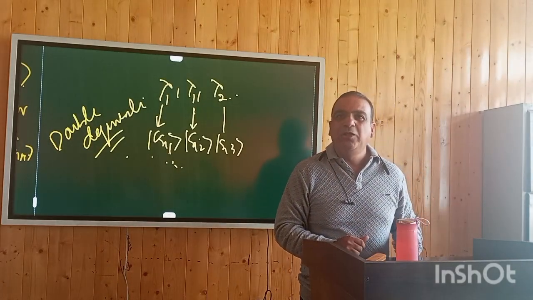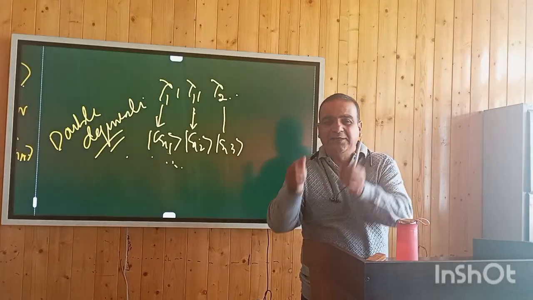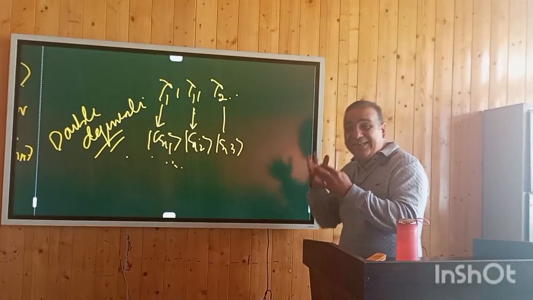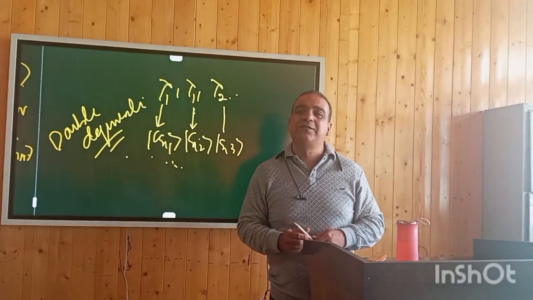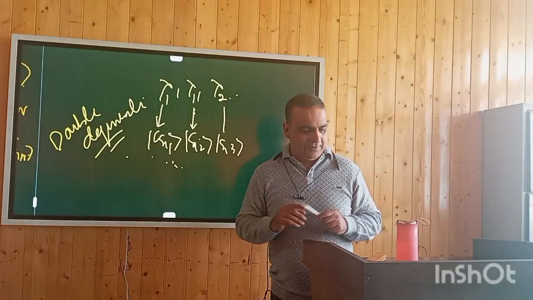Are you getting my point? You can even differentiate whether your system is doubly degenerate, triple degenerate, quadruple degenerate, depending on the number of these lambdas which are the same. Right? Clear? Okay.